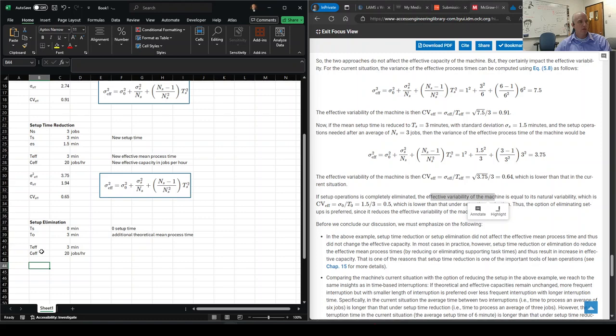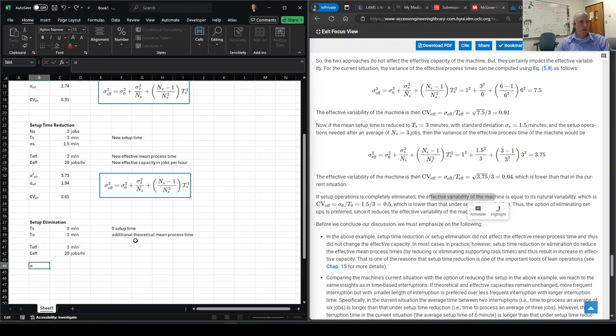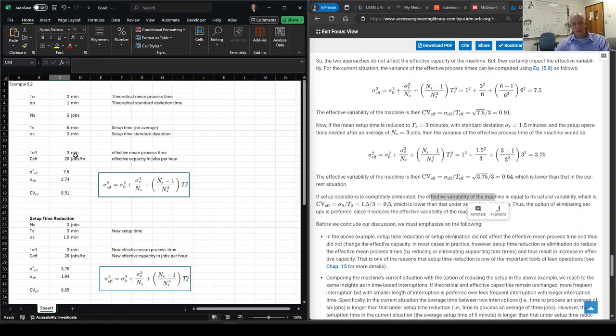So we're going to take the standard deviation and insert the standard deviation, and basically it's the theoretical, so it's a naught, and that's equal to, we've got that up here.